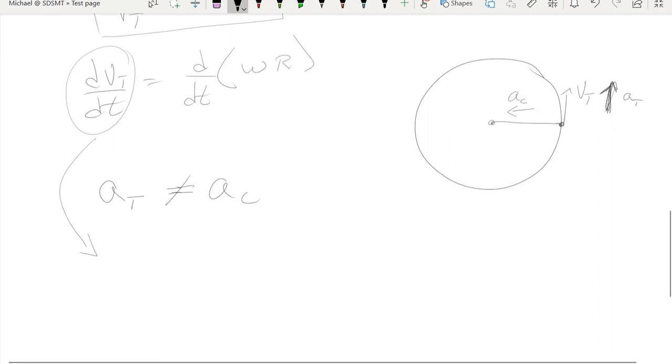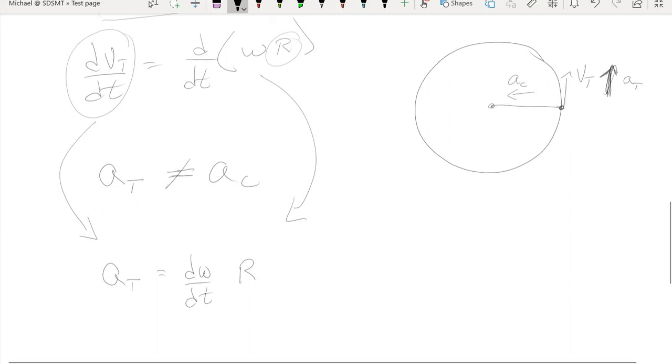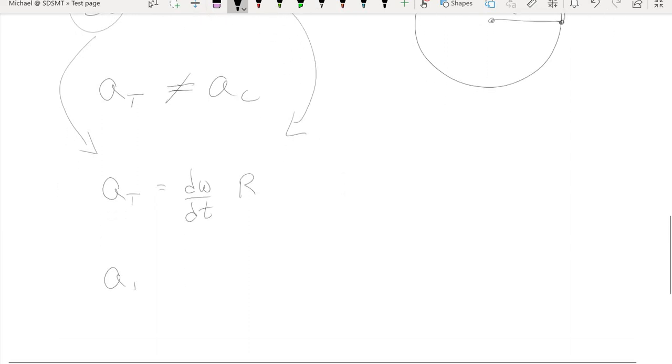But what does our tangent acceleration look like in terms of the derivative on the other side? Well, again, the radius should be constant, so that comes along for the ride. And we have the change in angular velocity with respect to time, which is alpha.